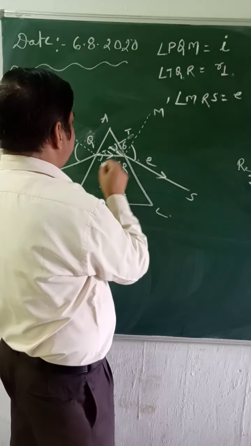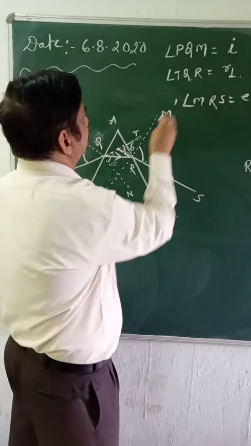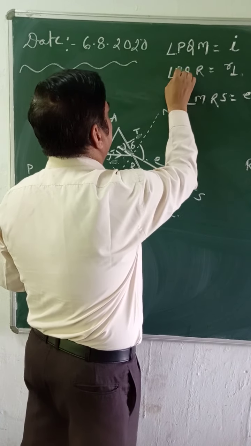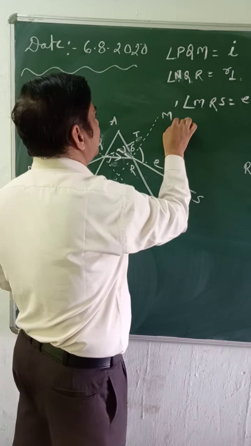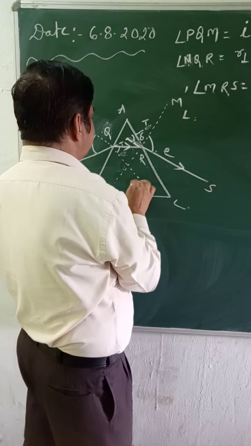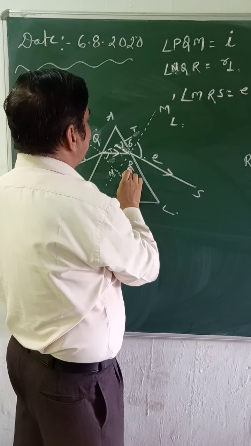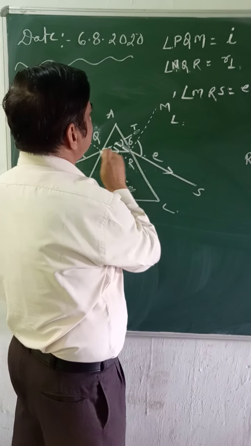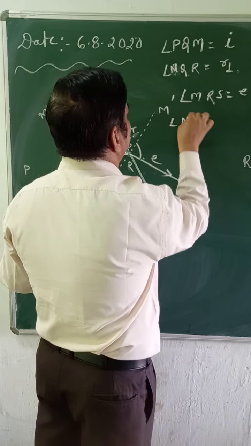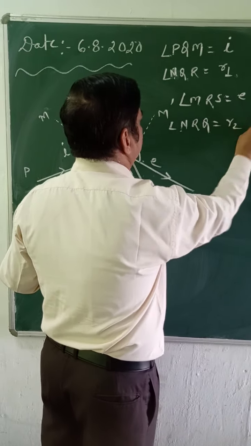Which one is r1? NQR is r1, and let this point be N. So NQ and NR, this point is RQ, and angle NRQ is r2.